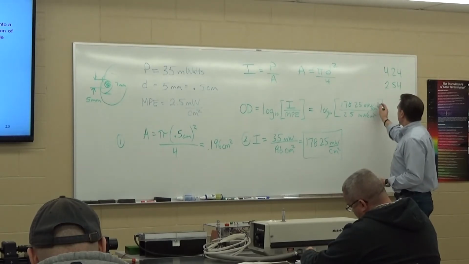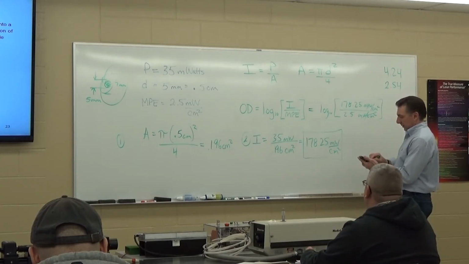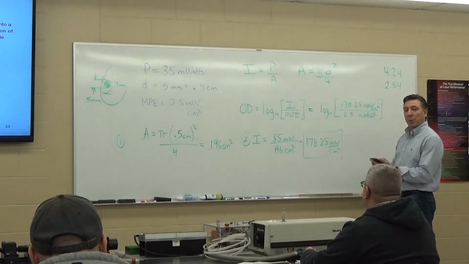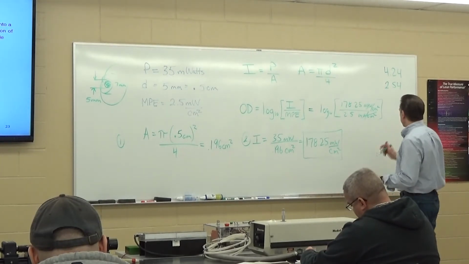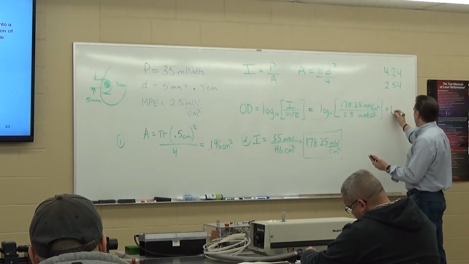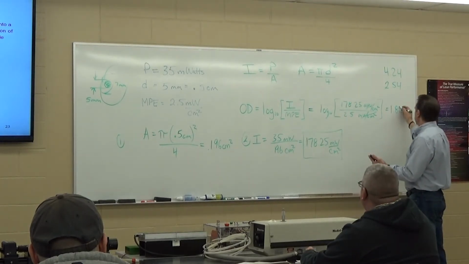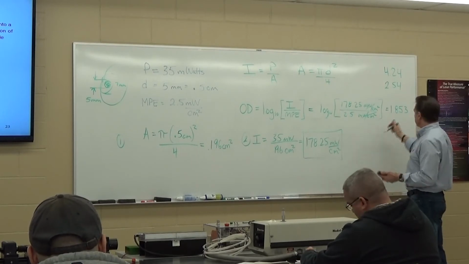The units cancel out. We have to knock it down by a factor of 71.3 times. Take the log of that, and we come up with 1.853.